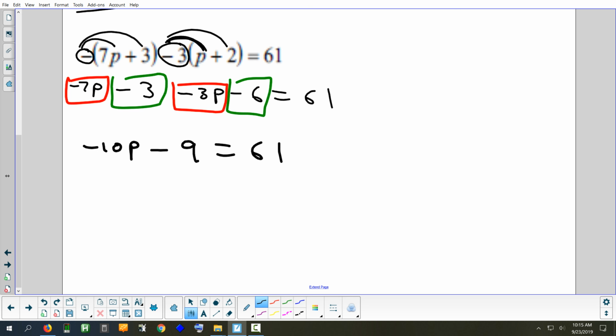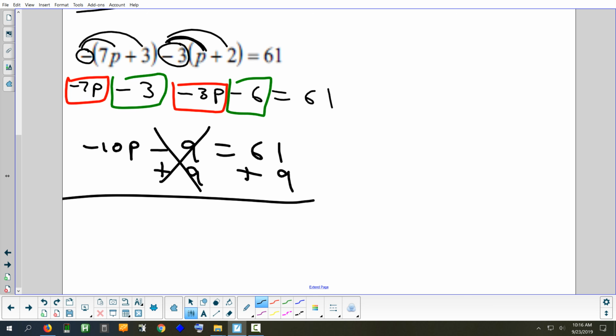How do you move a negative 9 to the opposite side? You add it. Yep. So we're going to add negative 9 plus 9, gone. You get 0. Negative 10p equals, what's 61 plus 9? What's that going to give me? Yeah, Joe? 70.